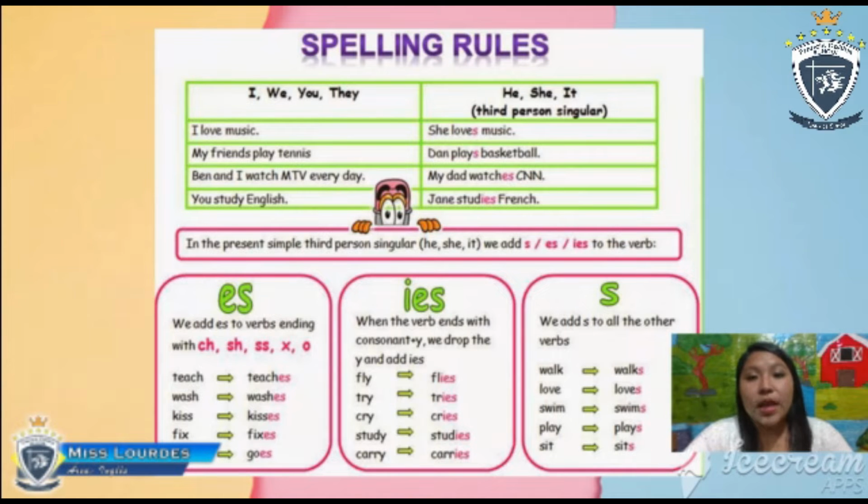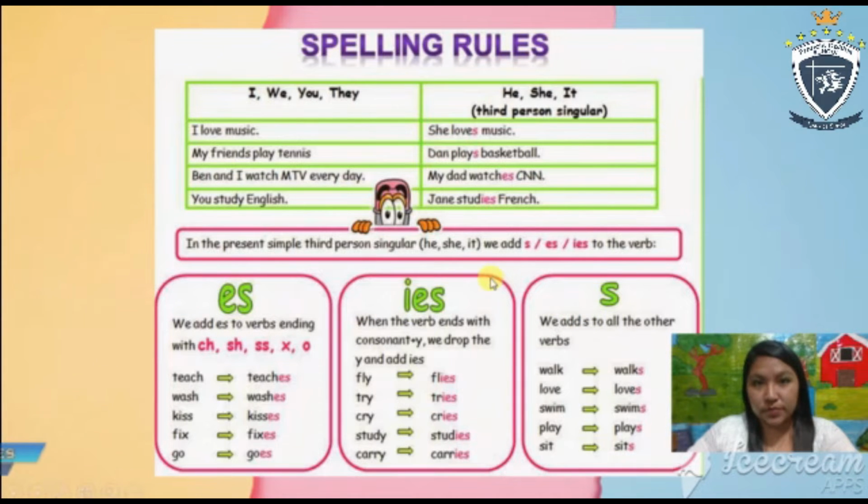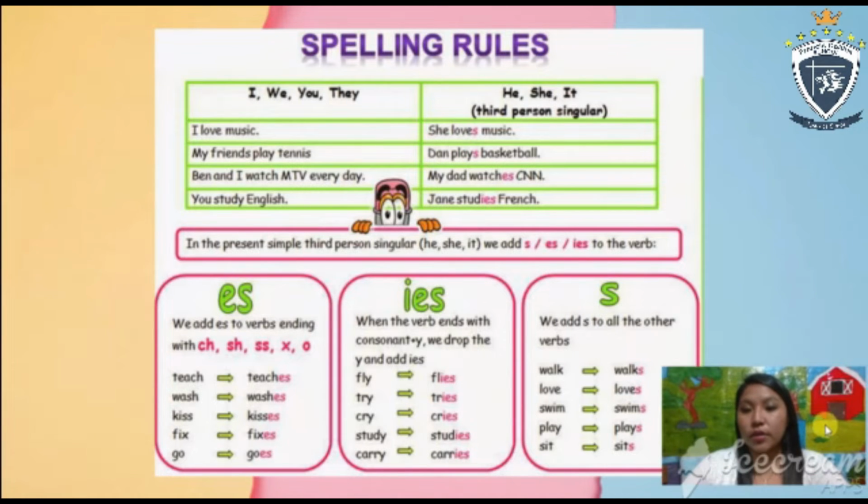When we talk about the third person singular, we have some changes in the verb, when we add the es or ies or s, only when we work with he, she, and it. That was one of the things that we were talking about.